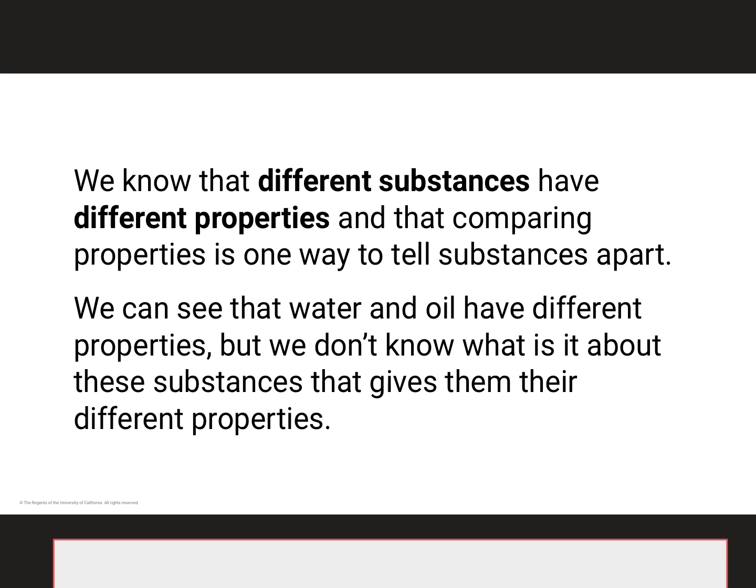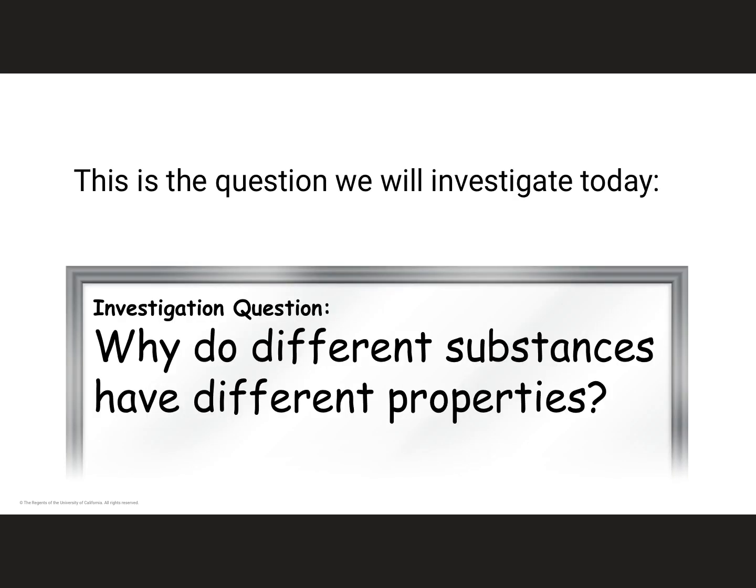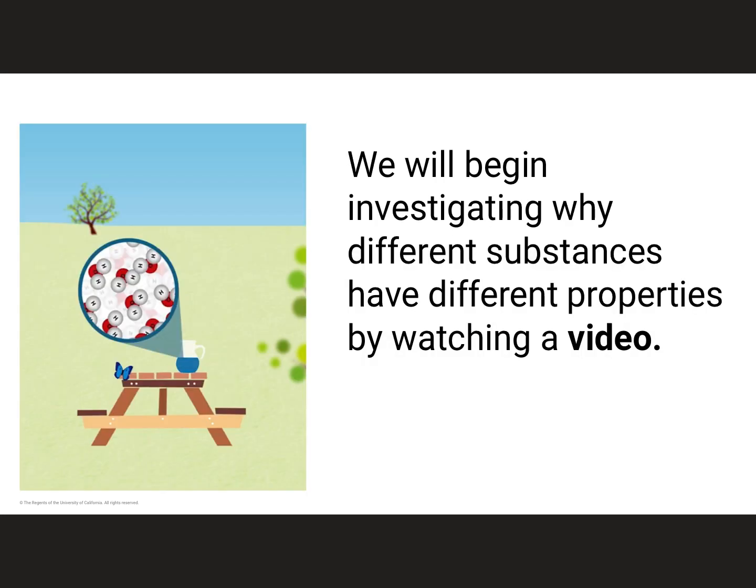Why is oil yellow? Why is water clear? So that's what we're going to be investigating today. Why do different substances have different properties? So to start, let's watch a quick video.